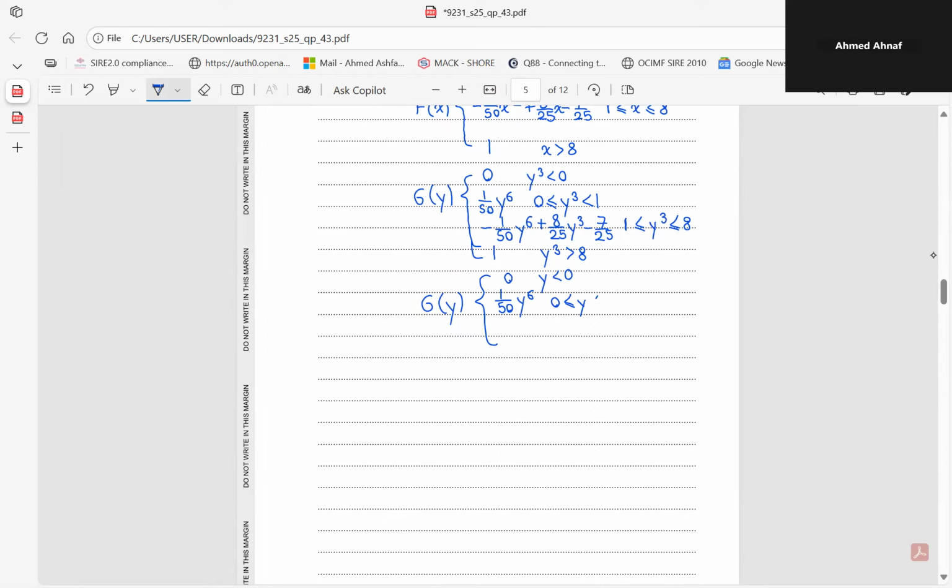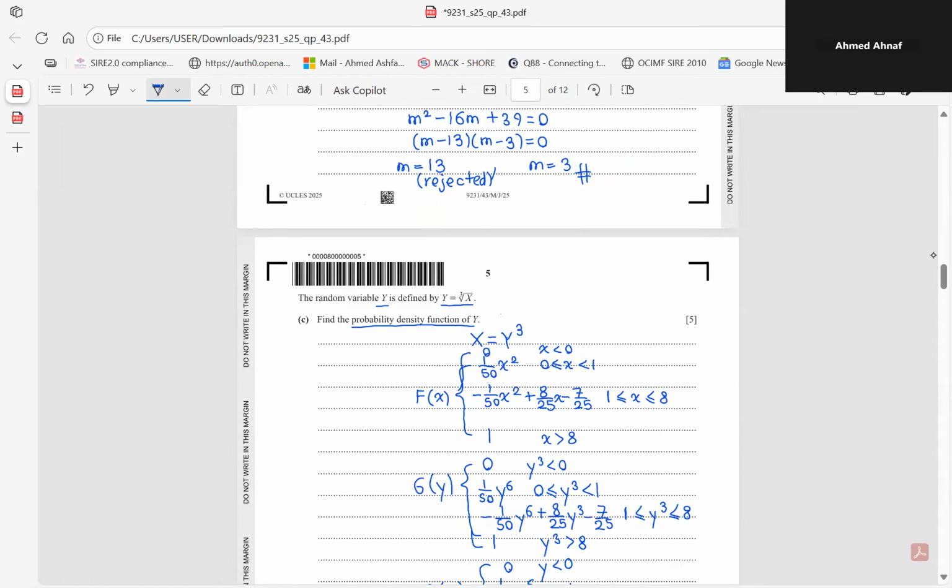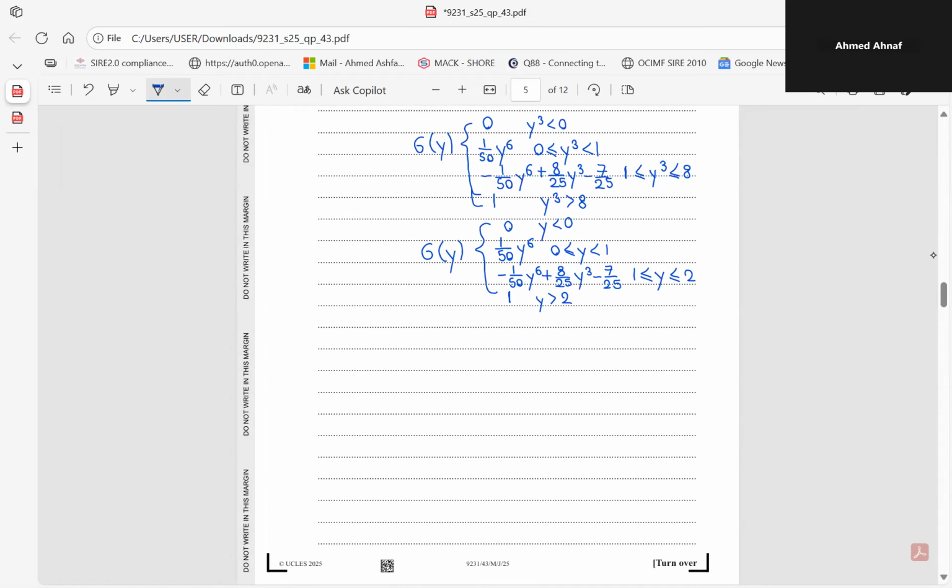Then it's minus 1 over 50 y to the power 6 plus 8 over 25 y cubed minus 7 over 25, for y between 1 and 2, because the cube root of 8 is 2, and so on. Yeah, so this is our final CDF, but the question wants us to find the PDF, so let's differentiate each piece of the CDF.